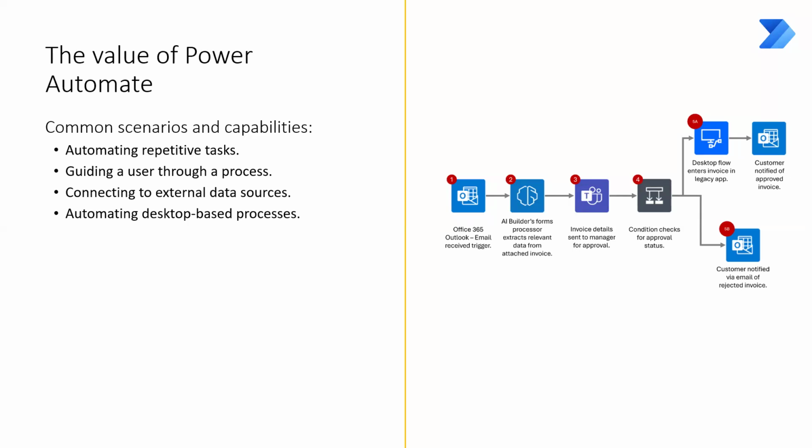Now, a few common scenarios that Power Automate is performing are what they've mentioned over here: automating repetitive tasks, like moving data from one system to another; guiding a user through a particular process so that they can complete the different stages; connecting to your external data source, through one of the hundreds of connectors that are already available, or directly through API as well; and automating your desktop-based processes with robotic process automation, RPA capabilities.